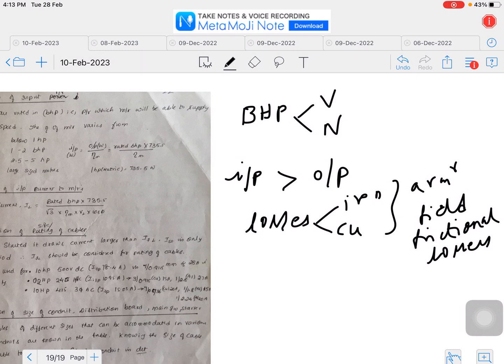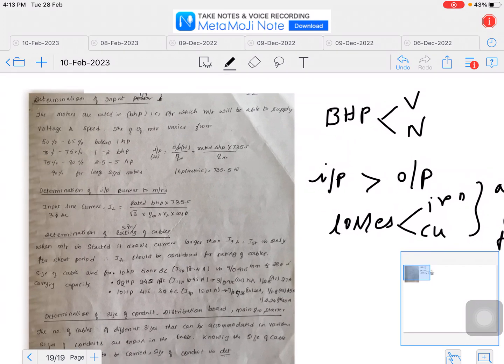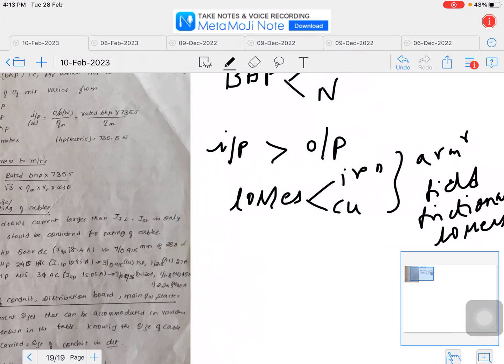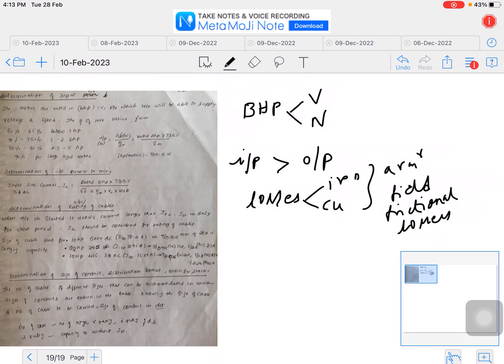So how do we determine the input? If you have to determine the input to the motor for wiring calculation, these losses need to be calculated separately. But generally the input is determined in a simple way by using the efficiency of the motor.